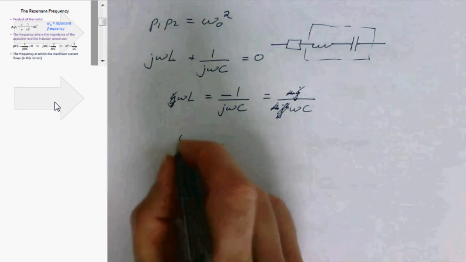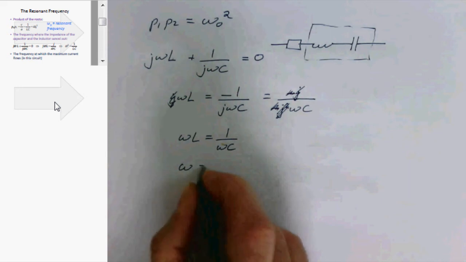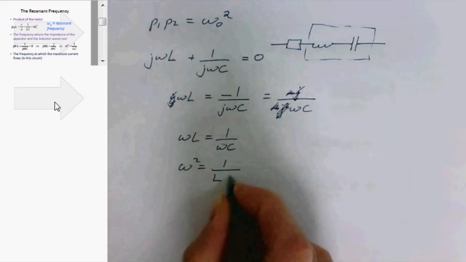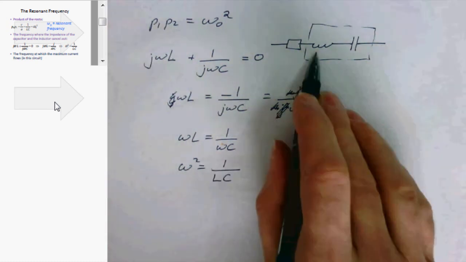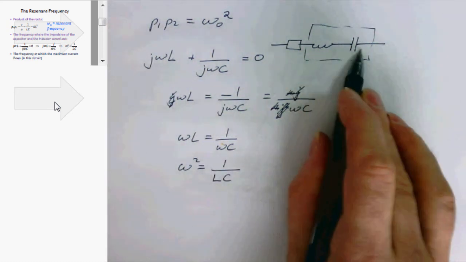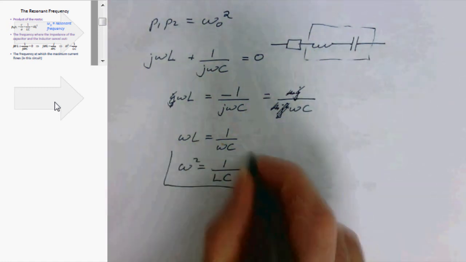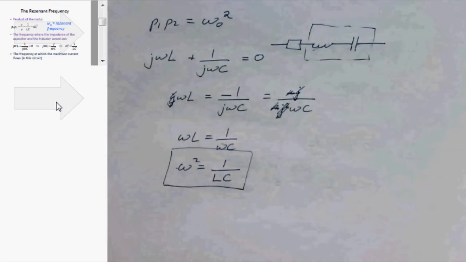And we end up with omega L equals 1 over omega C, or omega squared equals 1 over LC. And at that frequency, and only that frequency, the net effect of the inductor and the capacitor in series is 0. So that's the resonant frequency, the frequency where the inductance and the capacitance cancel out.